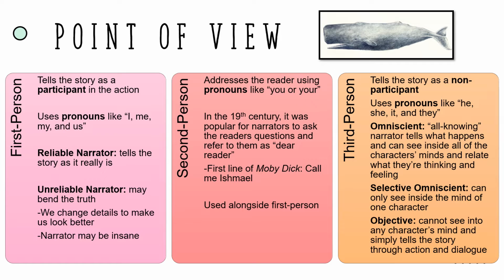A selective omniscient narrator can only see inside the mind of one character, generally the main character or protagonist, but not all characters. Lastly, an objective narrator cannot see into any character's mind and simply tells the story through action and dialogue alone.